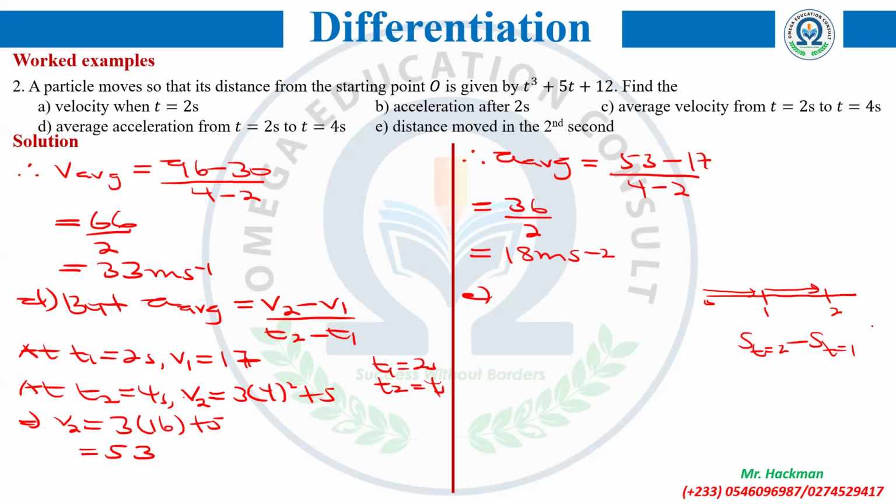Is that clear? Take notes. You know my questions are carefully selected to bring out all the various traits. So you substitute t is equal to 1 and t is equal to 2, then find the difference. That will give you the distance it moved in the second.